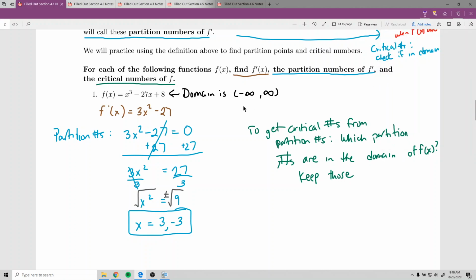Right, but since our domain is all real numbers, what that means is that 3 and negative 3 are both critical numbers as well. So they're both in the domain, which means they are both critical numbers.